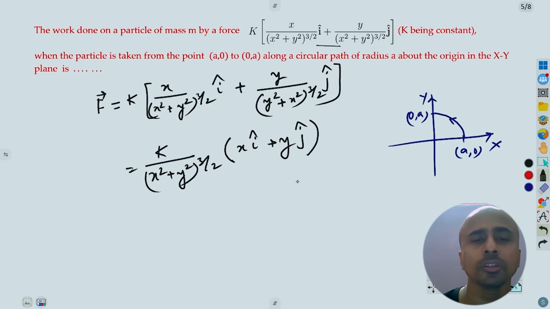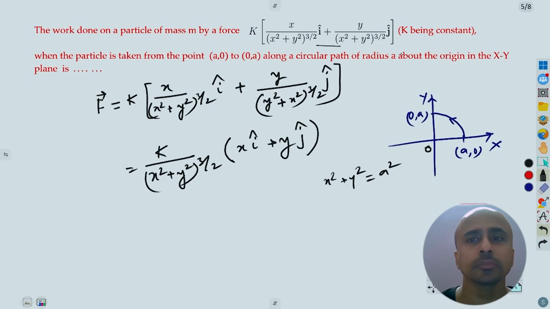Okay. So observe that since the particle is taken along this circular path, and we have been given the force equation like this, we can say that x square plus y square equal a square, right? Because we are on the circular path, and on the circular path x square plus y square equals a square.